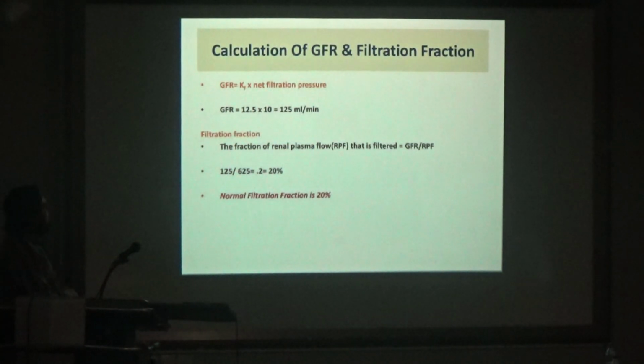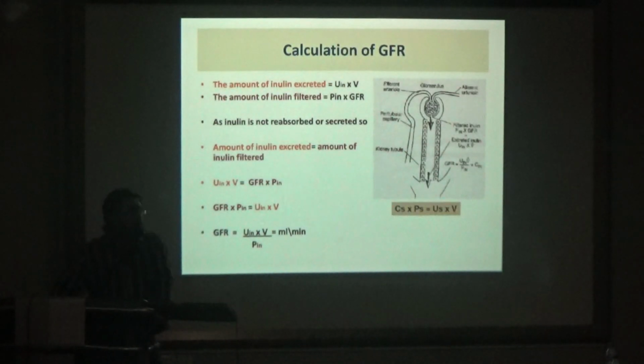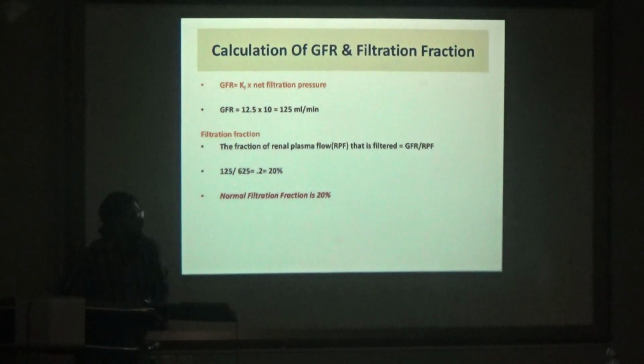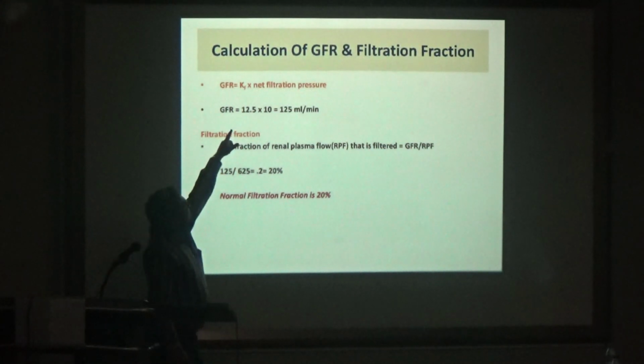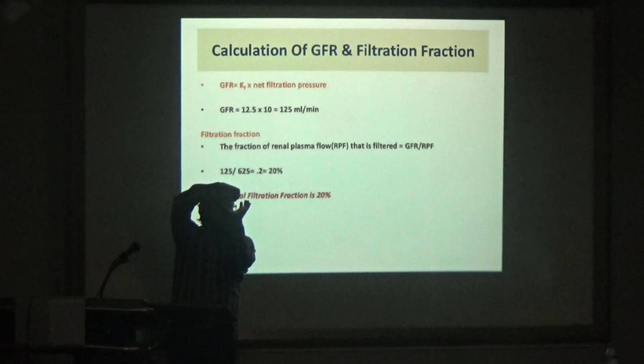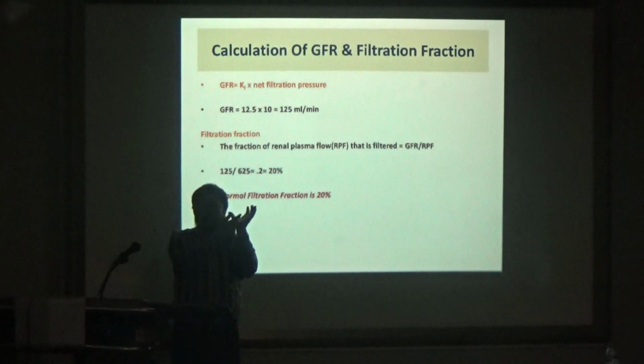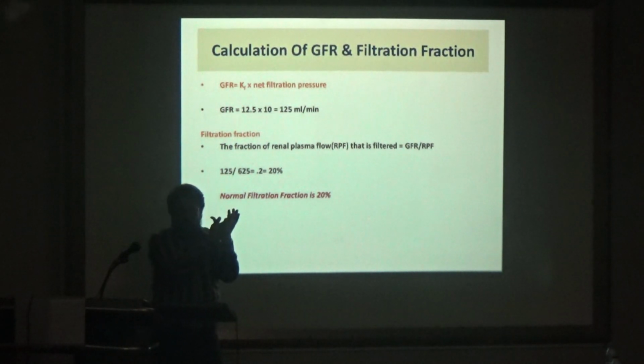Calculation of GFR and filtration fraction, okay. Previously I used a substance to calculate GFR. But did we know that we also calculated GFR by calculating net filtration pressure? We were provided with the hydrostatic pressure of the plasma, the oncotic pressure of the plasma, the hydrostatic pressure of the filtrate, and there was no oncotic pressure in the filtrate.